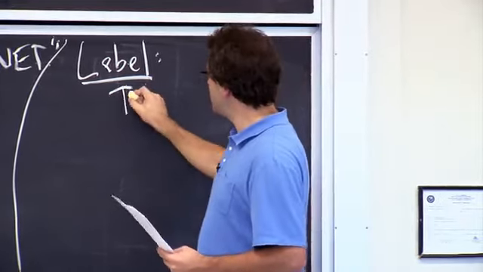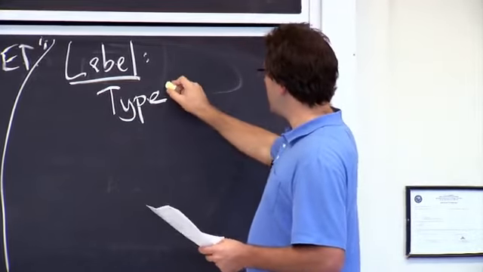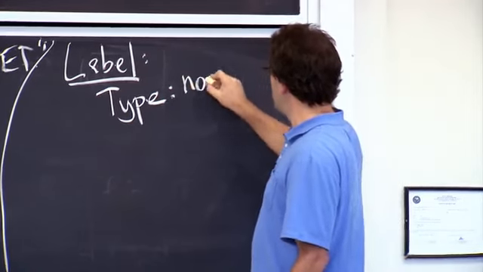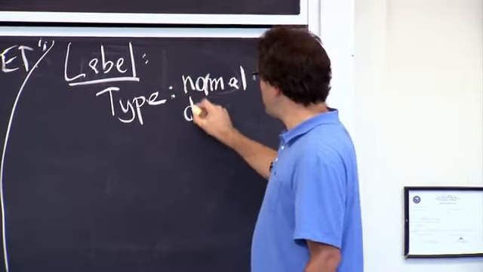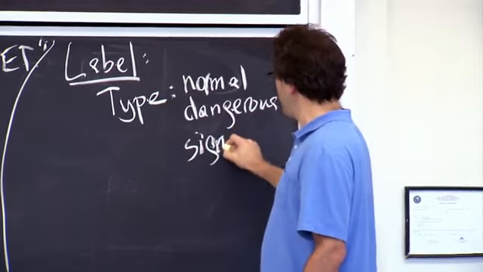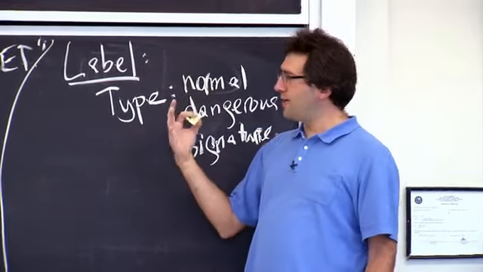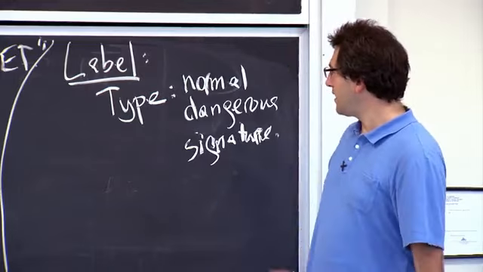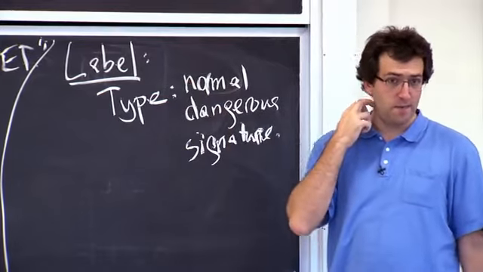There's a type of a label, and in modern Android there are three types you might care about: normal, dangerous, and signature. And the application that defines this permission in the first place gets to choose the type or all these other fields for a label that we're going to talk about in a second.